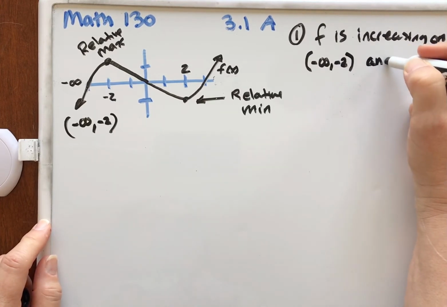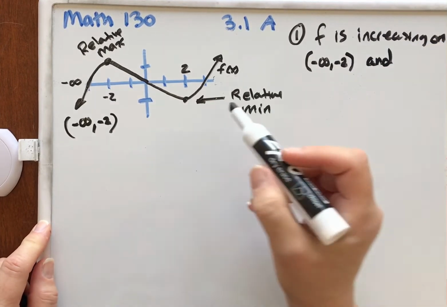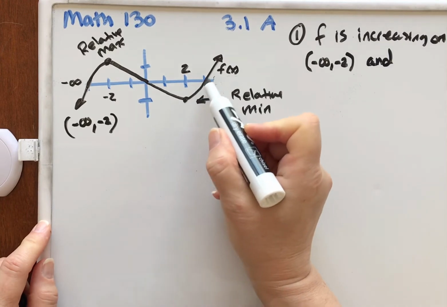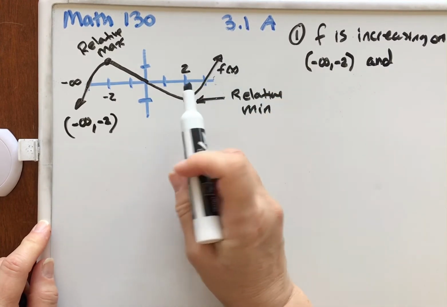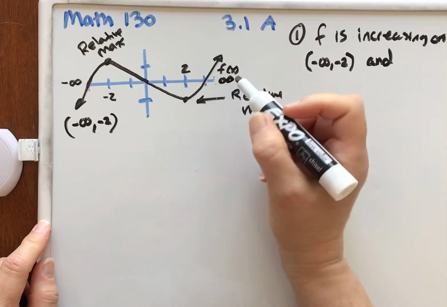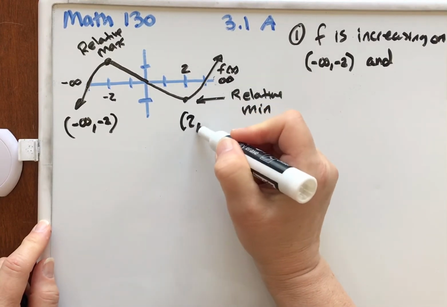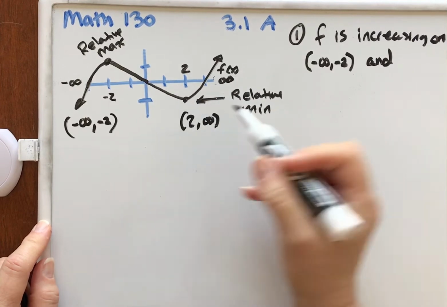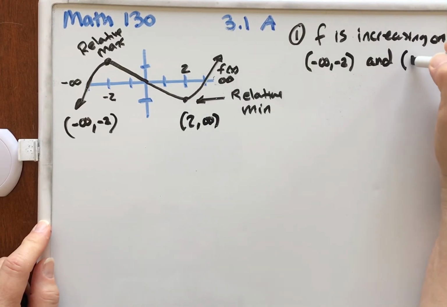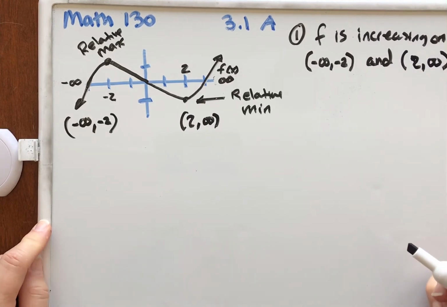And we can see it's increasing right here. Right here it's increasing. And this is from 2, let's say I'm going to put that to infinity. From 2 to infinity, it's increasing as well. So from 2 to infinity. All right.